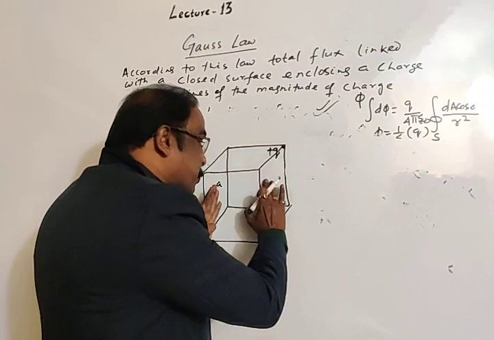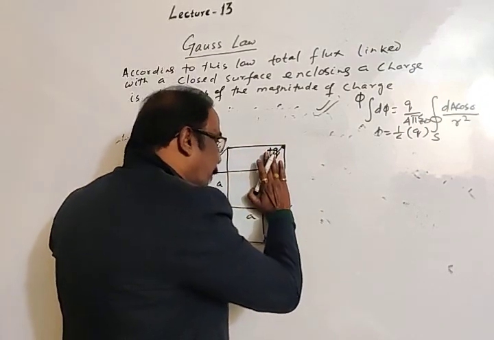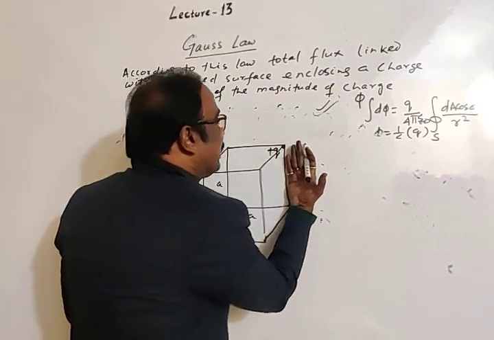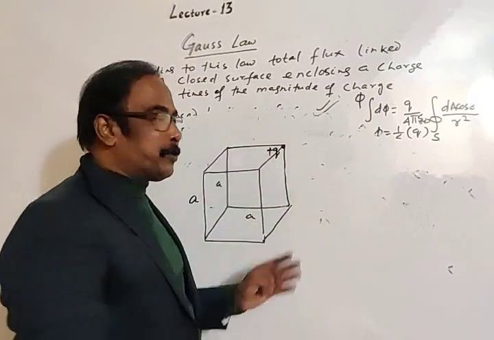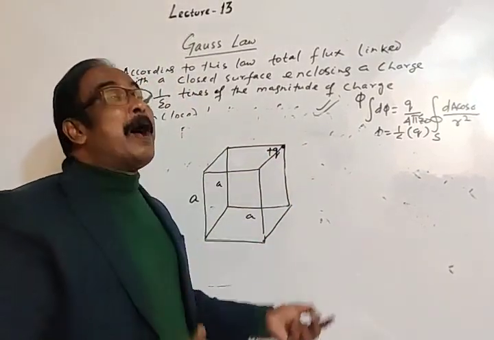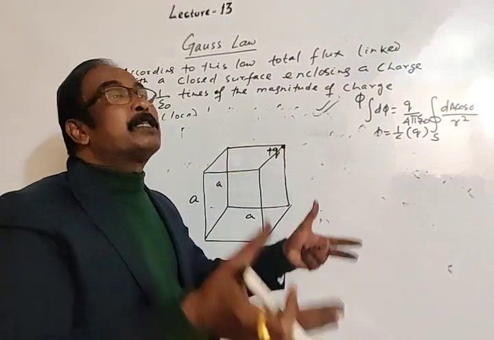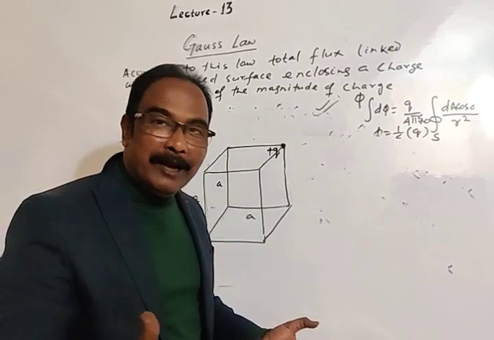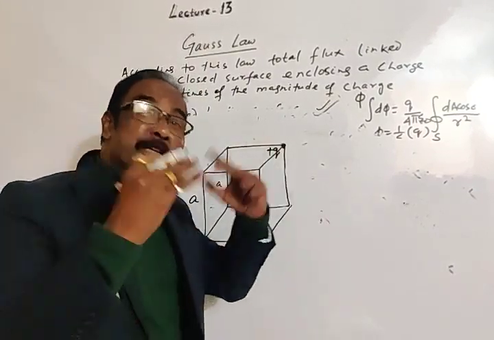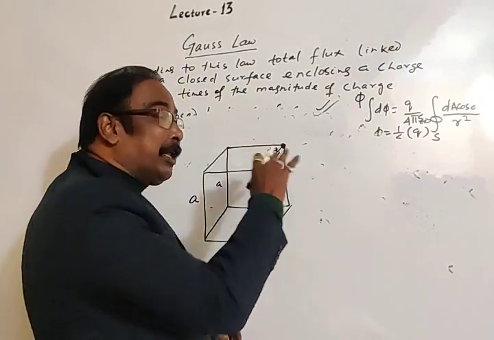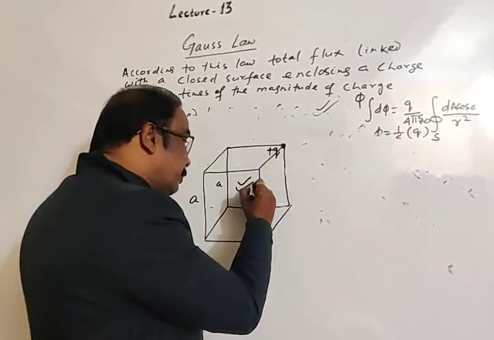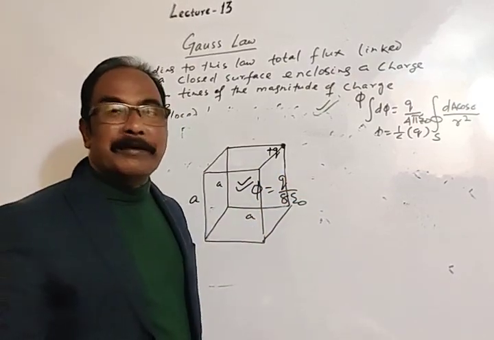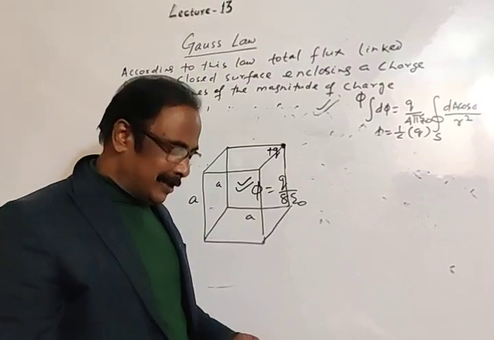Then keep another 4 identical cubical surfaces above them. Now the charge may be assumed to be at the center, and we get 8 cubical surfaces. Then flux from this cube will be q divided by 8 epsilon naught. This is our answer.